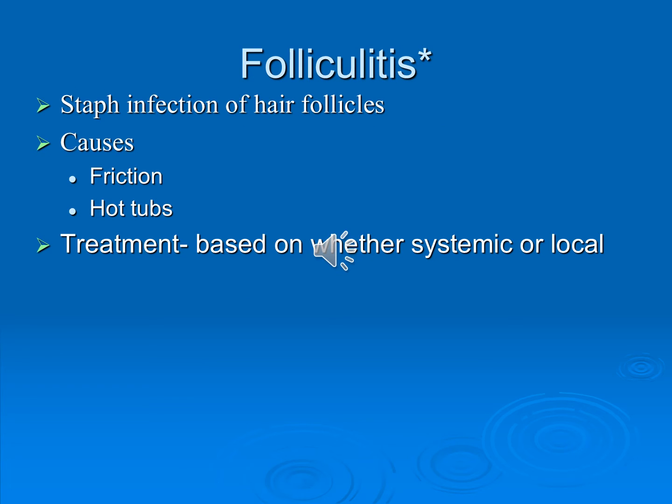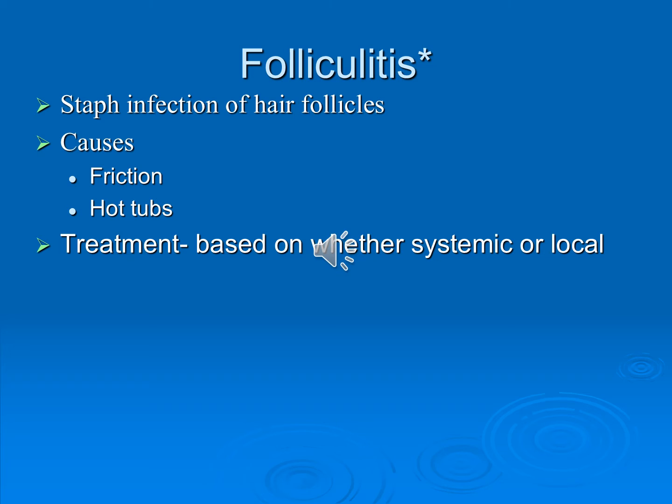Folliculitis is a staph infection of the hair follicles. One way to pick this out pretty easily is to look at the skin, at the base of the hairs, and see if right at the base of the hair you have particular lesions related to this. Common causes of this are either just friction, or it's possible that it could be from hot tubs.